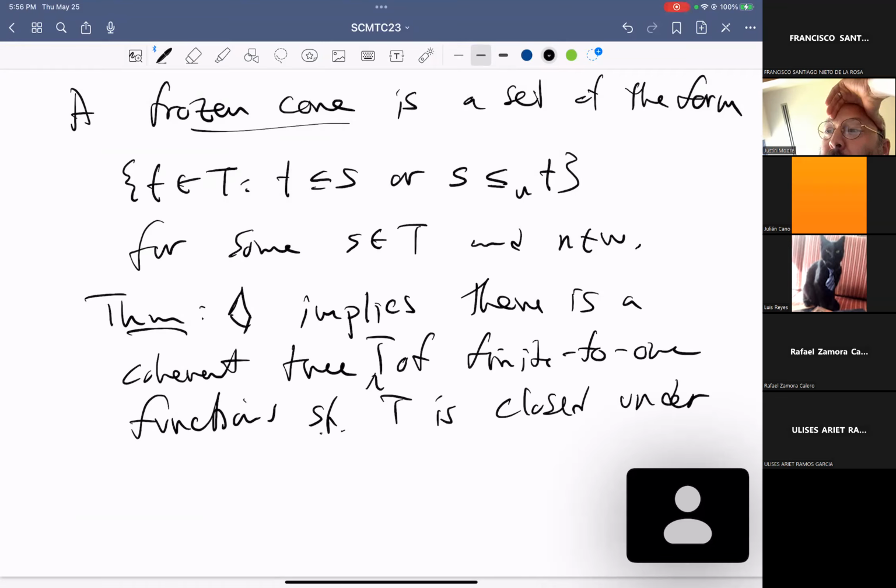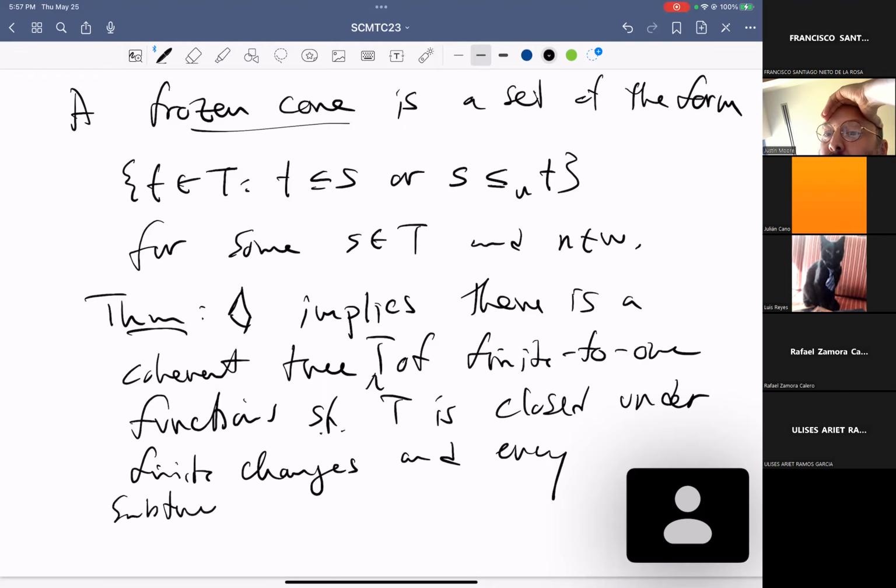Actually, not only that, but I'm cheating here a little bit. Let's say closed under finite changes, and every subtree of T contains a frozen cone.